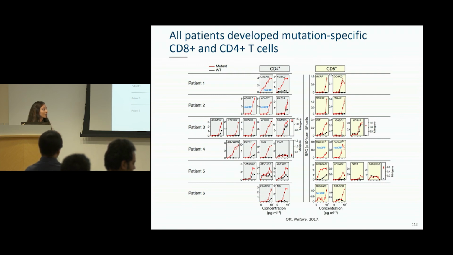So essentially, these are assays measuring interferon gamma production of T cells that have been stimulated with a peptide, either the mutant version or the wild-type version, and red lines correspond to the mutant, while wild types are in black, and you see that there is no response. Predominantly responses only to mutant peptides.